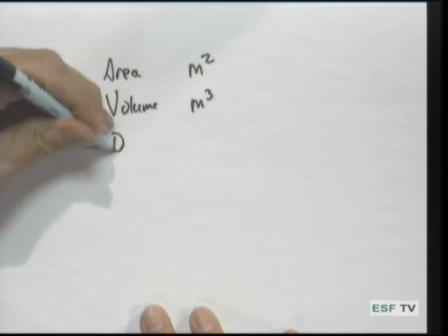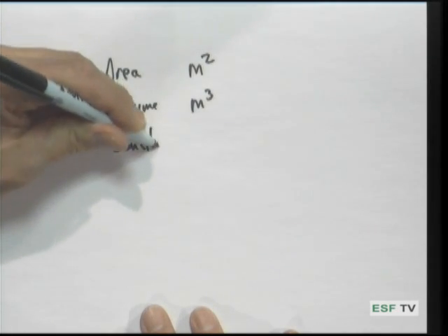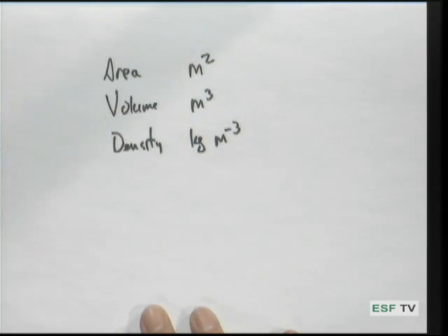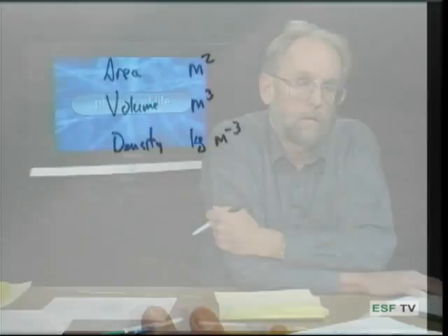The basic unit of density is kilograms, that's the standard, per meter cubed. And again, the SI terminology abjures quotients. So instead of writing this as kilograms per meter cubed, we refer to this as kilograms times meter to the minus third power.